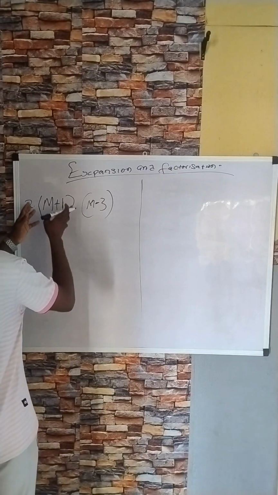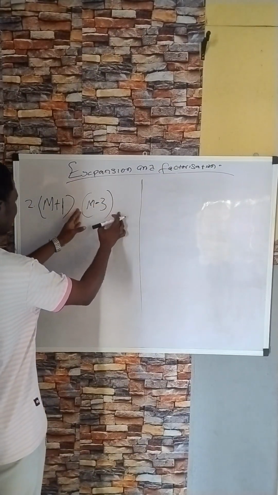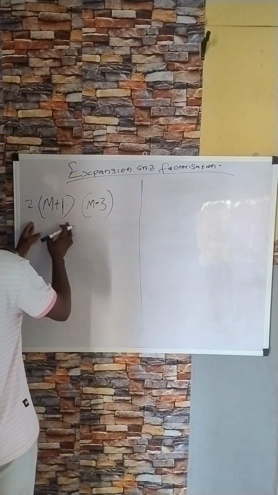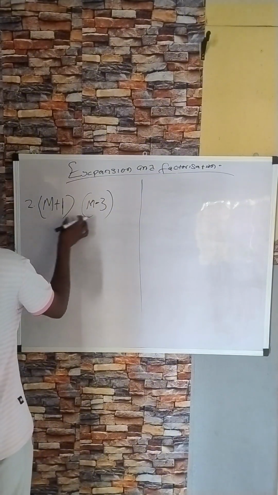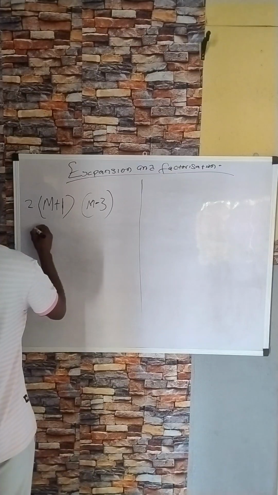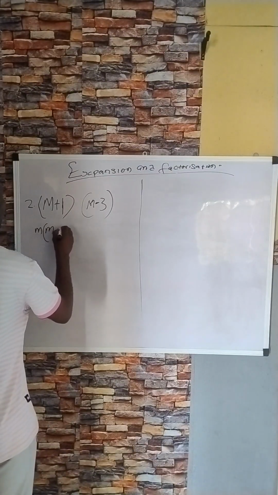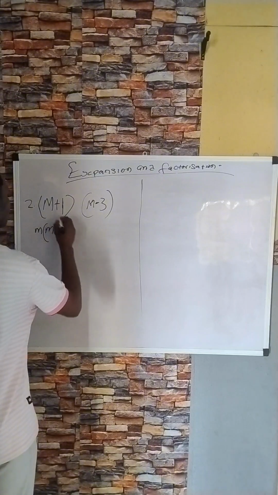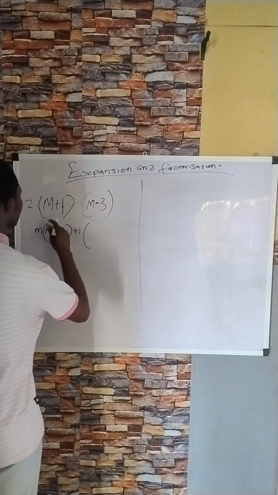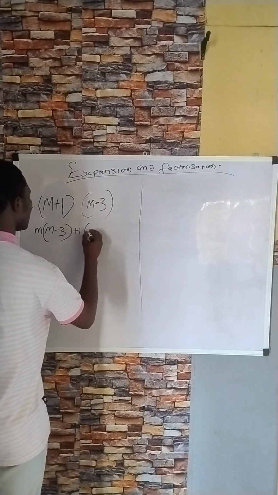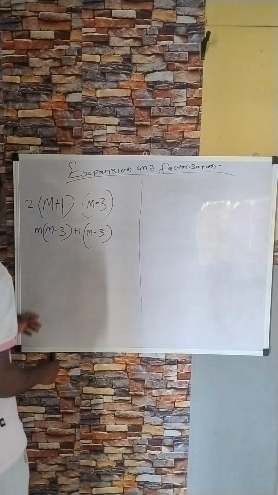Like we said before, use the terms here to multiply the terms here, or use the terms here to multiply the terms here. You will get the same answer. So let's use the terms here to multiply this. We get m(m - 3). Second term is plus 1(m - 3). So what will this give you?